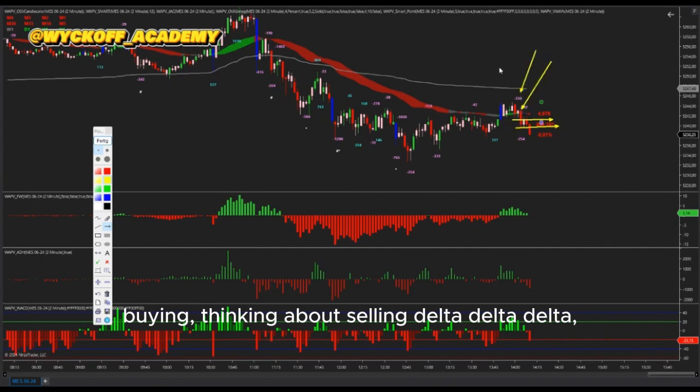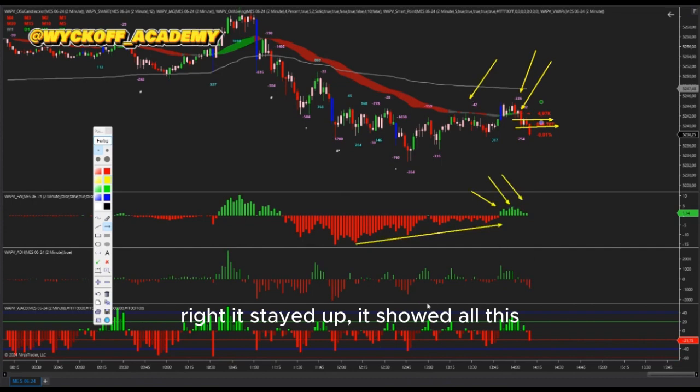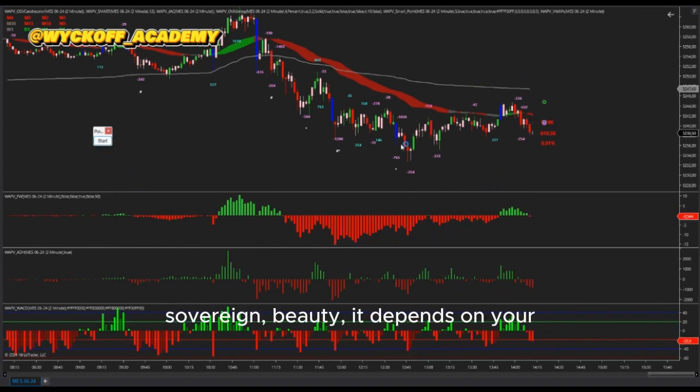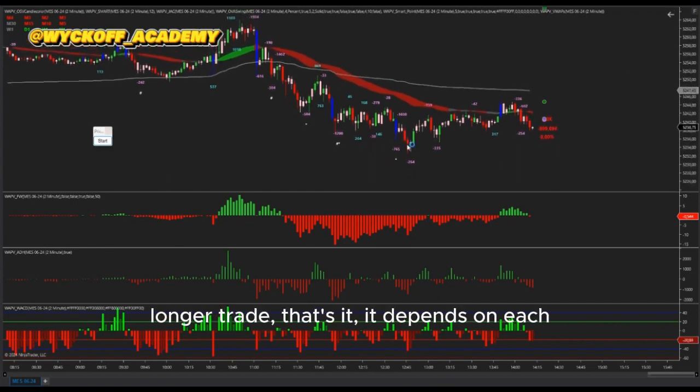Thinking about selling, delta, delta, delta. Right, it stayed up. It showed all this here that it could go up, but the market, the trend is sovereign. Beauty. It depends on your trader profile. If you scalp, if you make a longer trade, that's it. It depends on each person. Today is Friday. You have to take the time into consideration, and that's it.